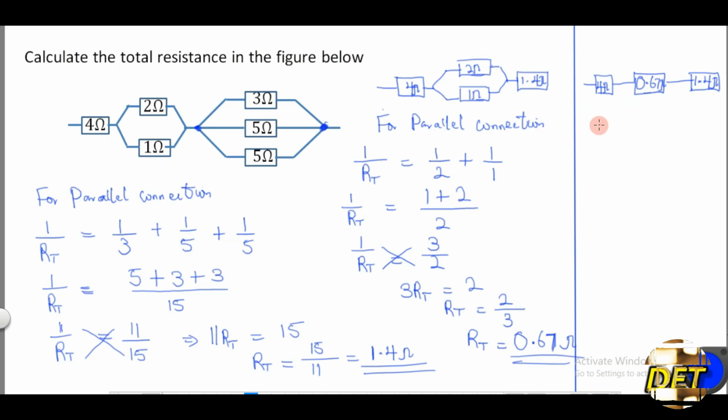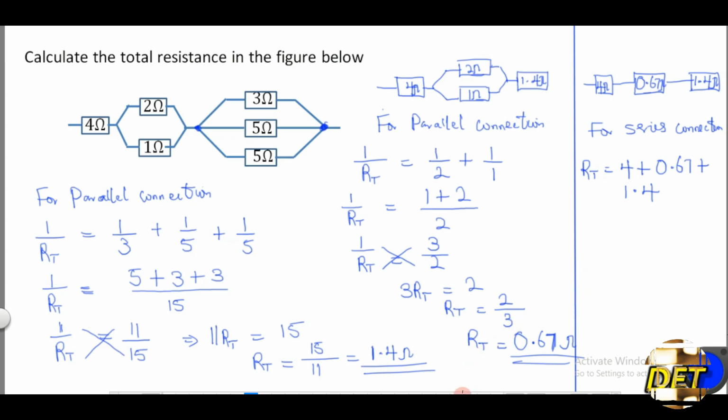So therefore, for the series connection, total resistance R_T will be equal to 4 ohms plus 0.67 plus 1.4, right?